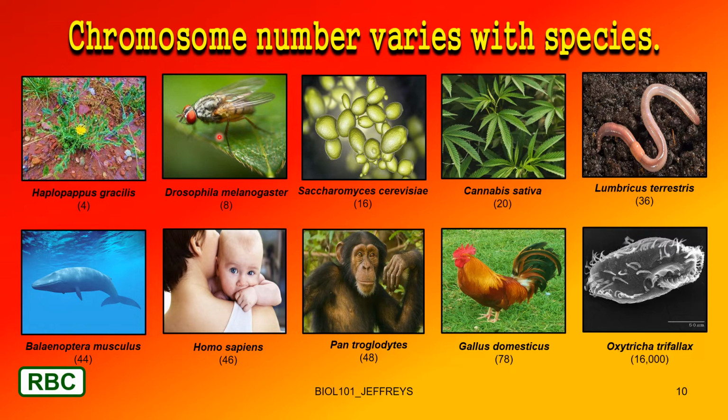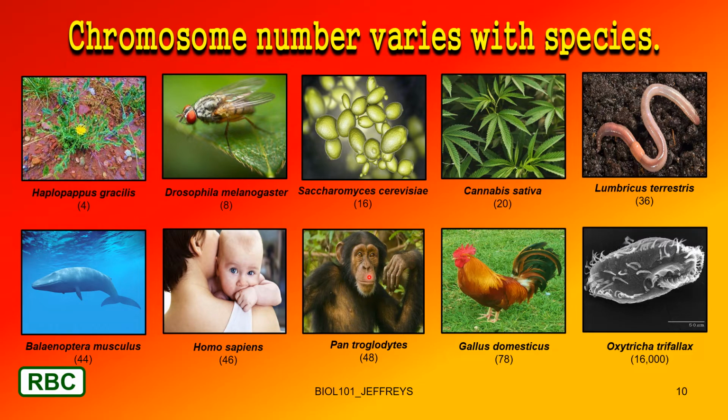There is our infamous Drosophila melanogaster, that's fruit fly, with its 8. Here's a dandelion with 4 chromosomes. The most complicated, most advanced species on the planet is Homo sapiens. That's you and I. We have 46, and you'll notice that all these numbers are even.